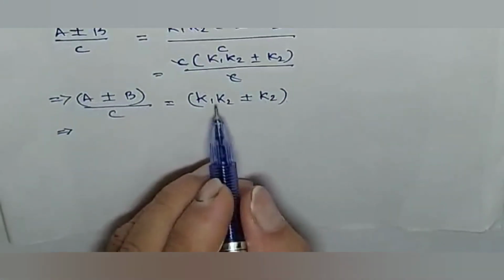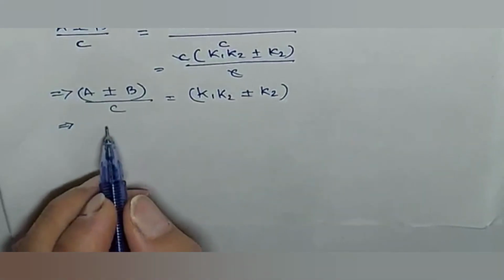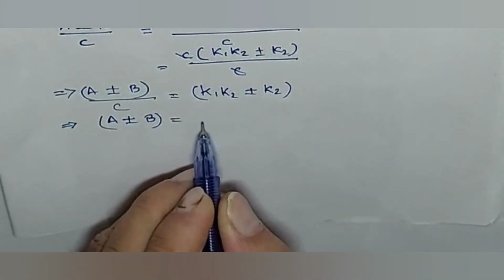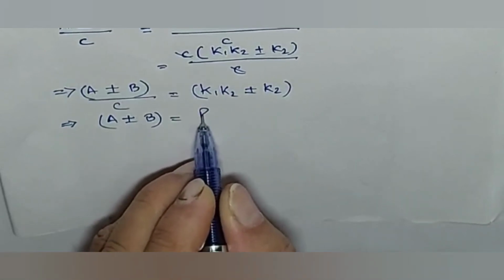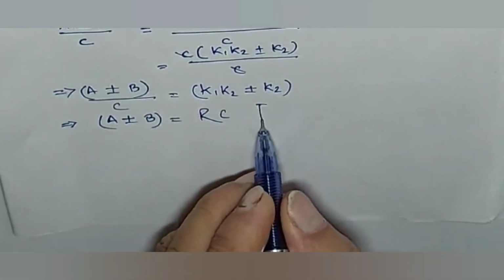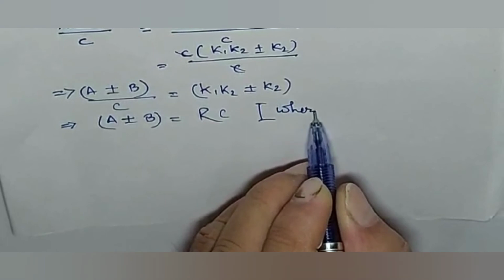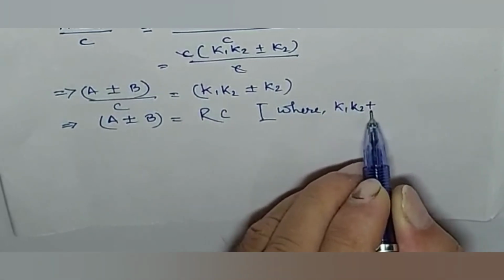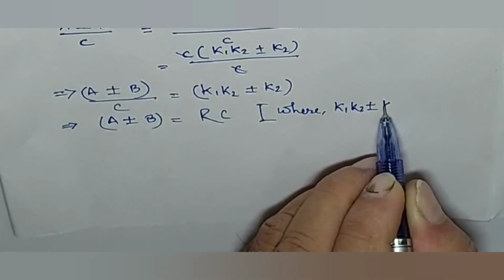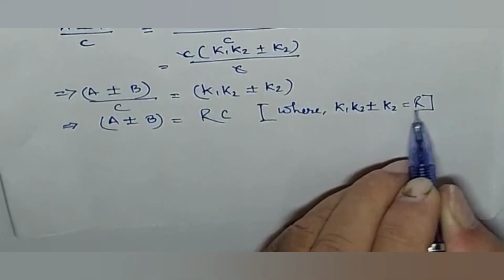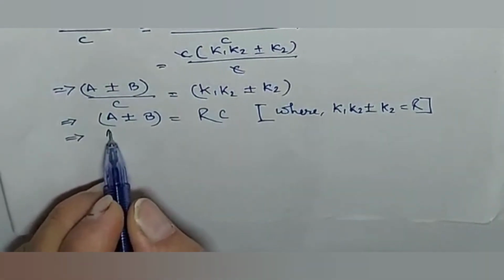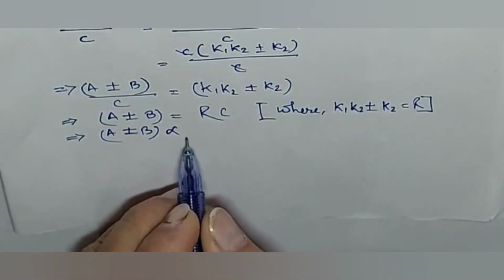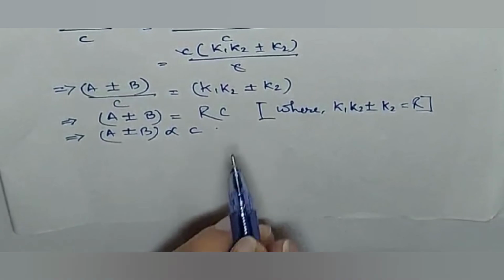This one is also a constant, so we can write A plus minus B is equal to RC, where K1 K2 plus minus K2 is equal to R. So we can write A plus minus B proportional to C. Proved.